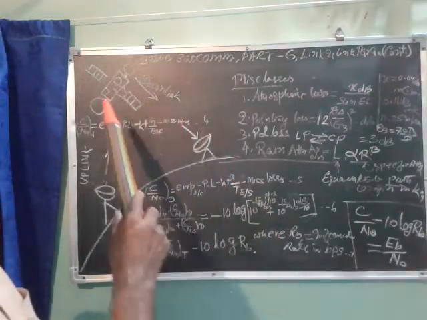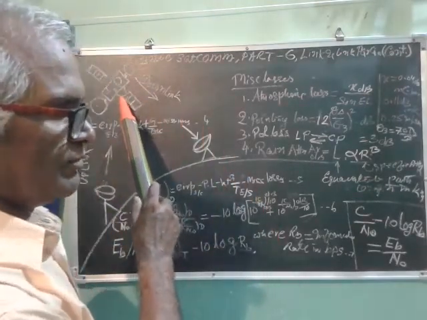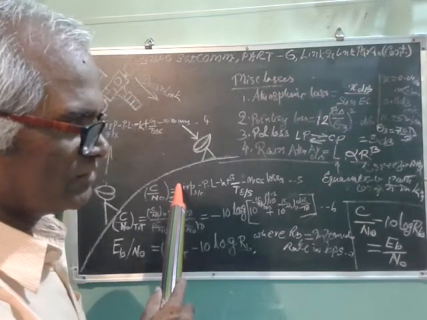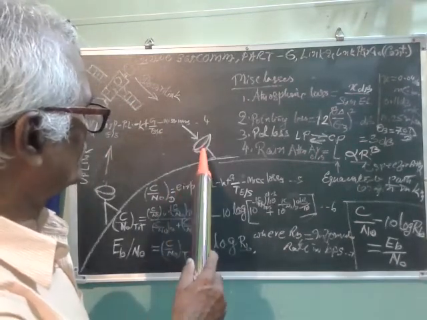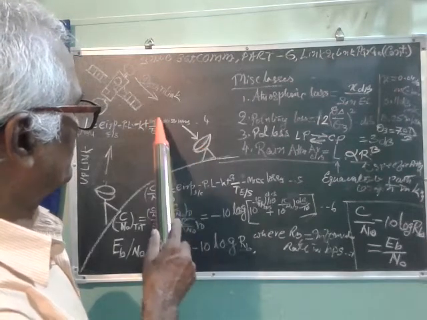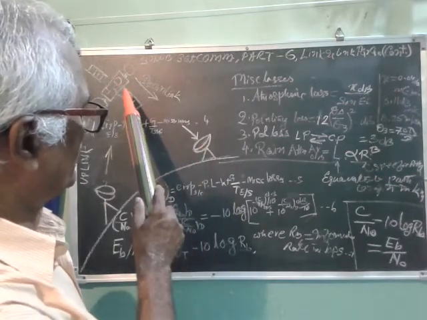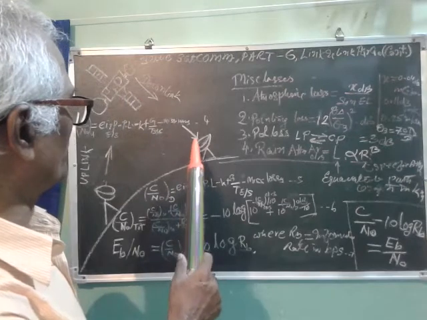Sorry, the spacecraft antenna looks to the ground, which is hot, and gives 290 Kelvin. But the ground station antenna looks towards the sky and has the minimum temperature.